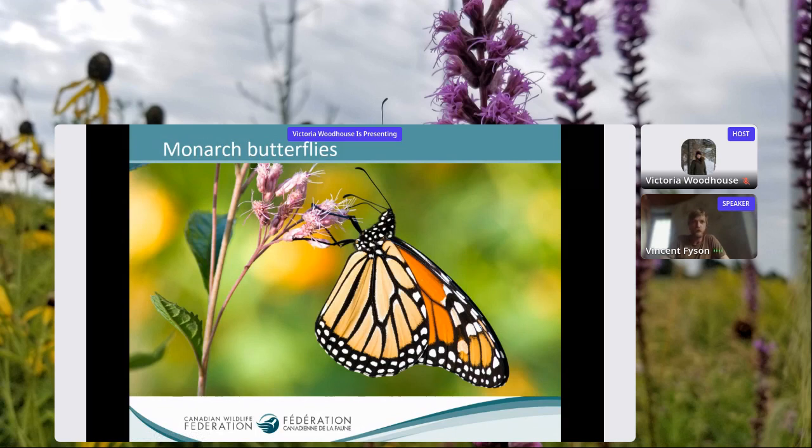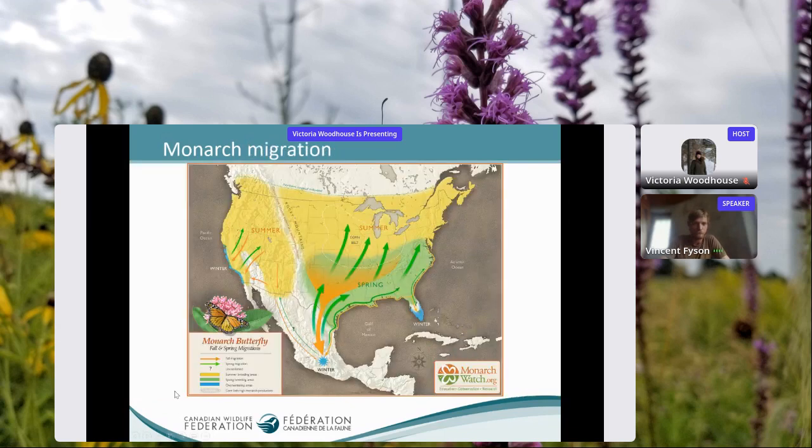First, I want to cover a bit about monarch butterflies since they're the primary focus of the tools. As I'm sure you're all aware, monarchs are migratory butterflies. The eastern population, which is the population of monarchs east of the Rocky Mountains, travels as far as 4,000 kilometers from their overwintering grounds in Mexico to their breeding grounds in the United States and southern Canada.